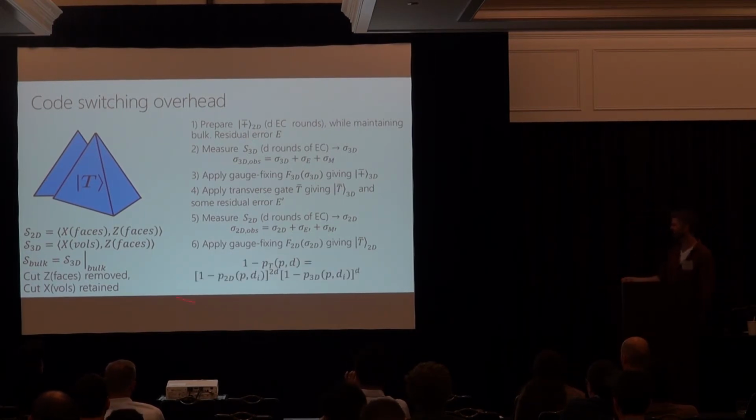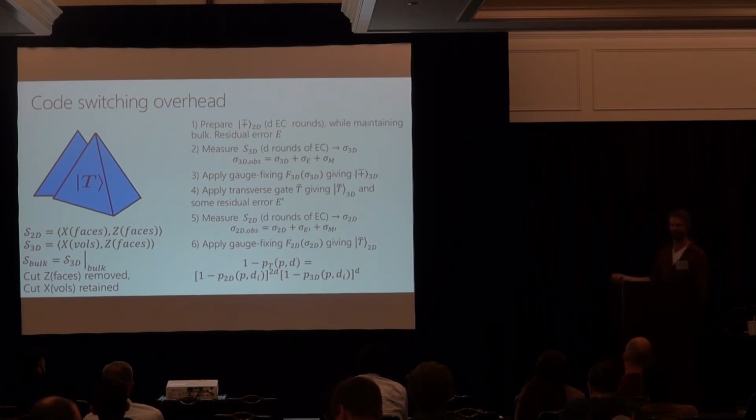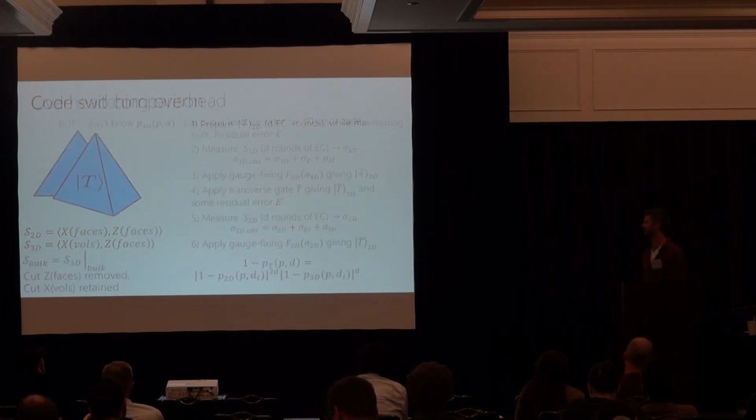But again, the key point is that the probability of succeeding in this process, you can estimate by how many time steps you spent in the 2D color code and what the probability of that succeeding is in each time step. And then the number of time steps d that you spent in the 3D color code and the probability of that succeeding. And so that gives you an estimate of the overhead there.